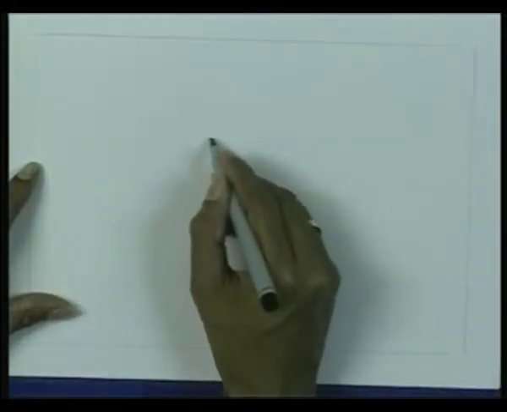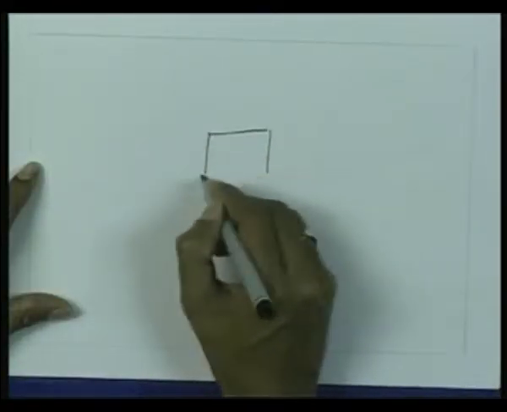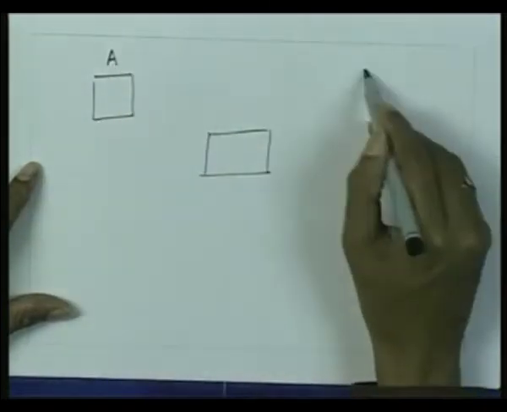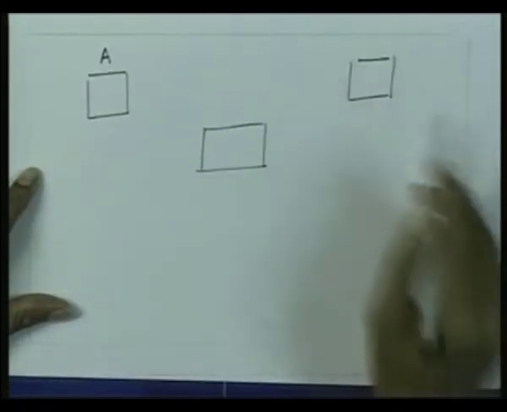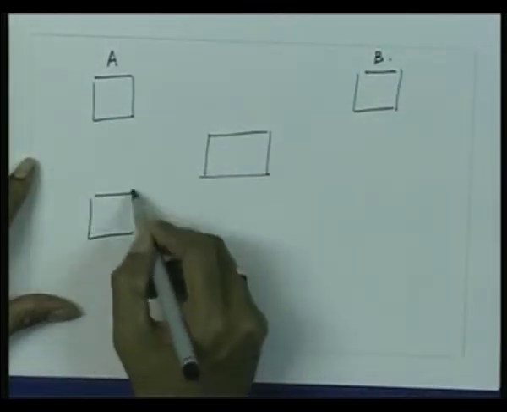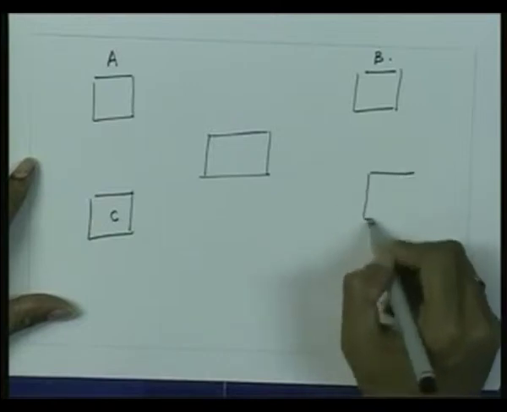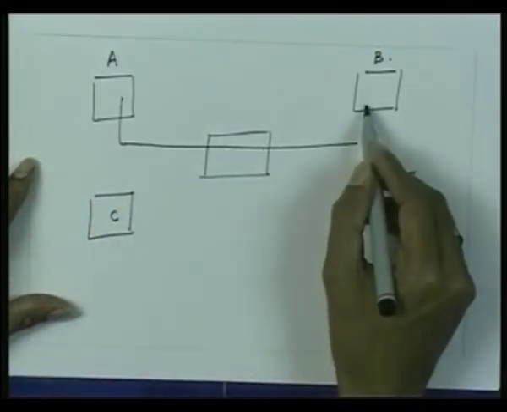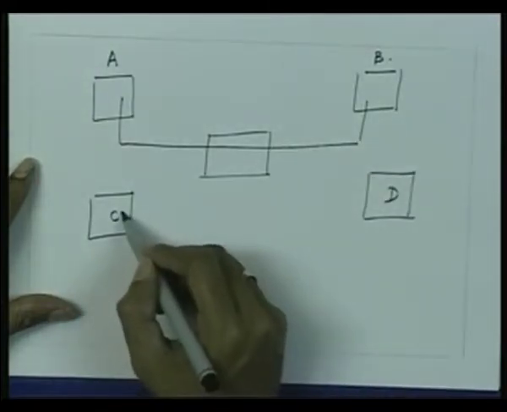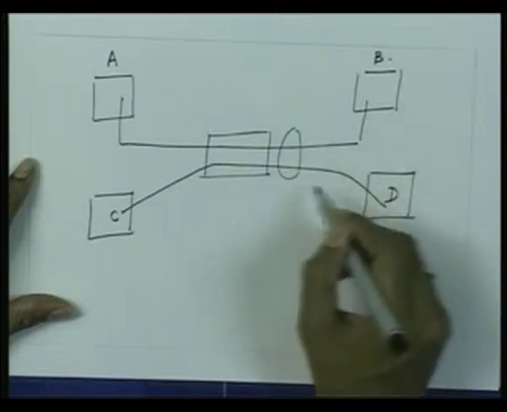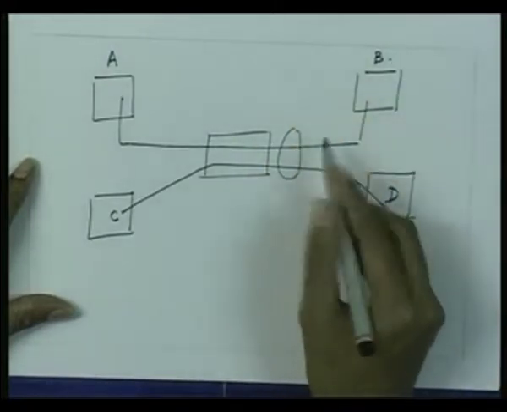Let us assume that we have one node here, and there is a source A and a destination B, and there is another pair, C and a destination D. So A is talking to B and C is a flow to D, and this is on the same output link. There may be intermediate nodes also.